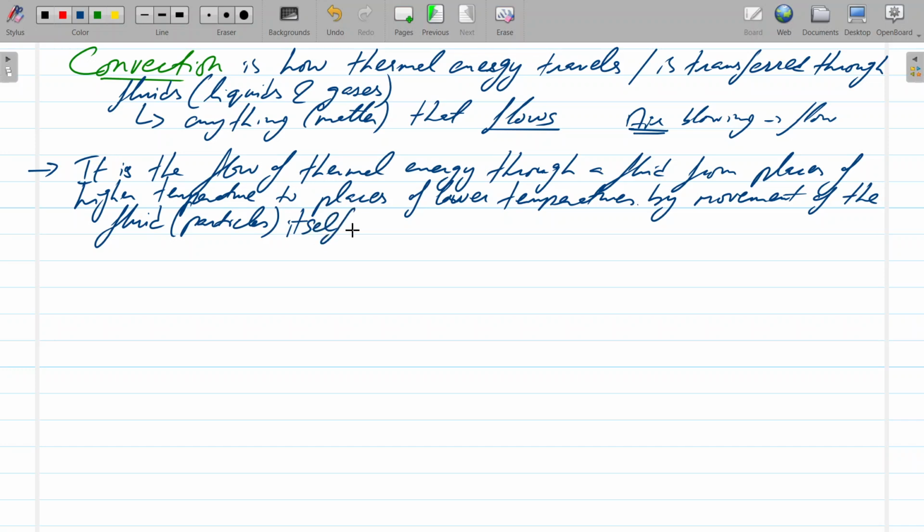So the matter, the fluid, the water or the air or whatever other fluid you're talking about, itself is in motion with the thermal energy it has. It's not just delocalized electrons, and the water does not have delocalized electrons, air does not have delocalized electrons. So how is it transferring the heat energy? The particles are themselves moving from one place to another.